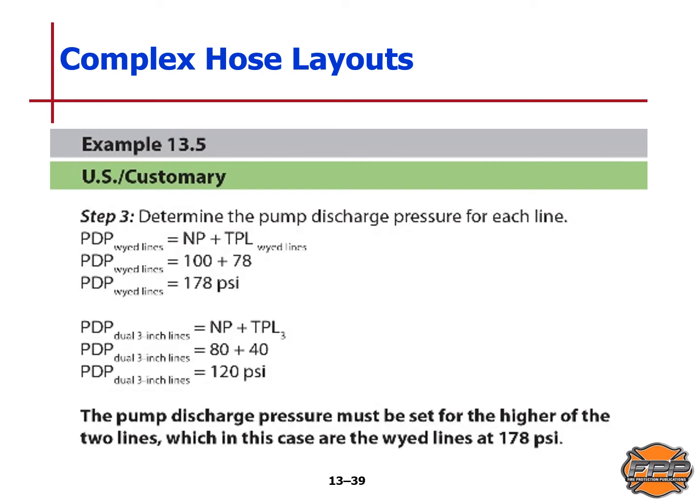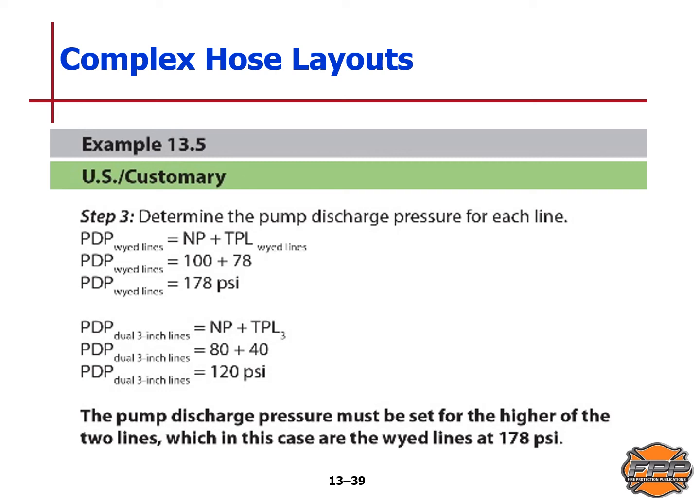Step 3 is to determine the pump discharge pressure for each line. The PDP of the wide lines equals nozzle pressure plus total pressure loss of the wide lines. So PDP of the wide lines is 100 plus 78, which is 178 psi.